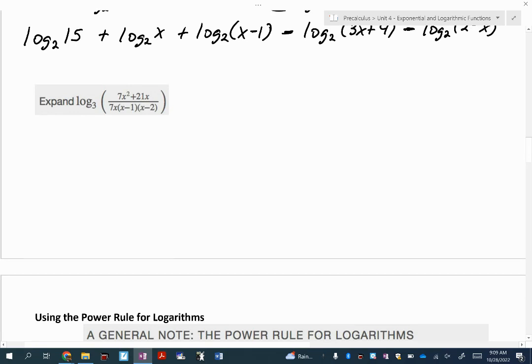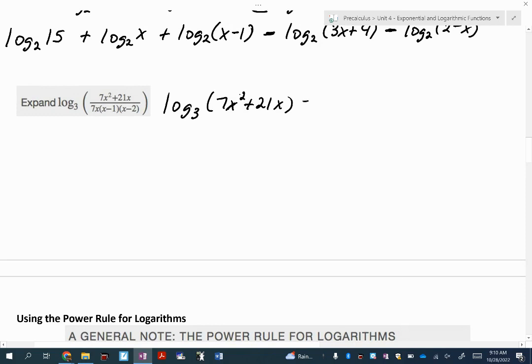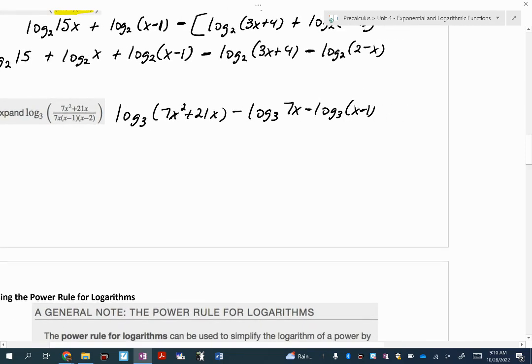Notice what's in the top. In the top, you've got 7x squared, let's put that in parentheses, 7x squared plus 21x. And then in the bottom, so watch this, minus the log base 3 of 7x, minus the log base 3 of x minus 1, minus the log base 3 of x minus 2.